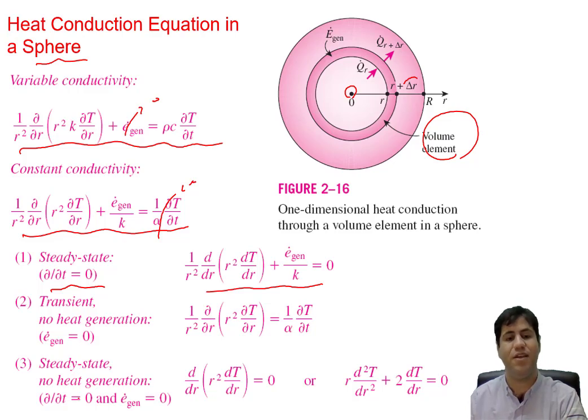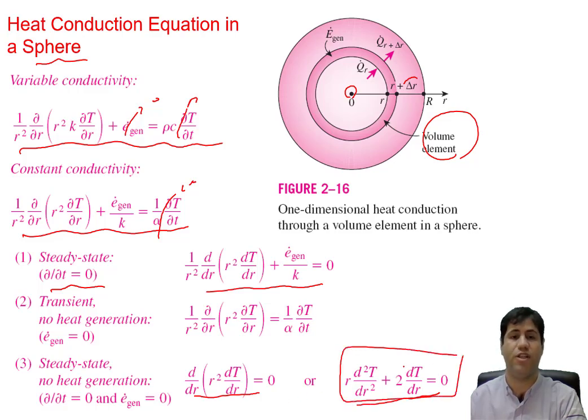When we have steady state and no heat generation, it means this is zero. So this is our equation, which can be rewritten like this. This is the equation which is ready to be solved or integrated.